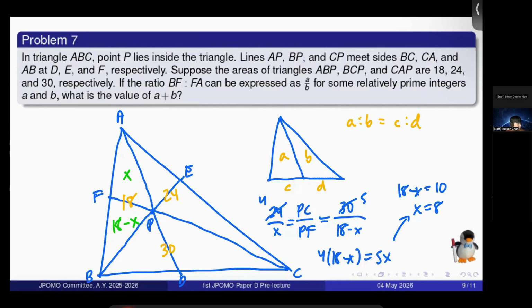Yeah, so it's 5 is to 4, right? So given that 18 minus x equals 10 and x equals 8, we get that BF is to FA equals 10 is to 8, or 5 is to 4. And therefore the answer is 5 plus 4, 9. Yes.